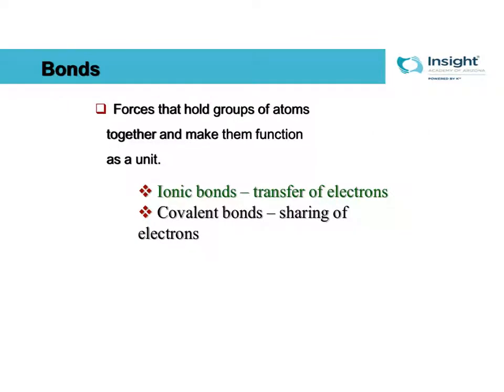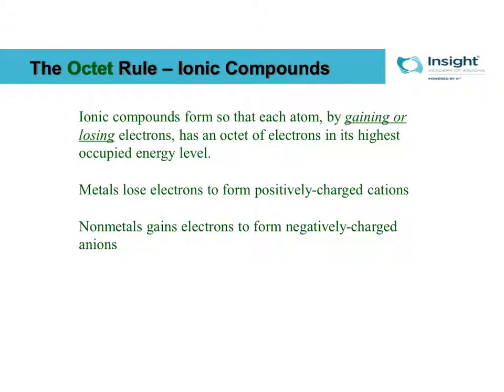So ionic bonds are bonds that involve a transfer of electrons. Something's got to lose an electron and something's got to gain an electron, or multiple electrons. Ionic compounds form so that each atom, by gaining or losing electrons, has an octet of electrons in its highest occupied energy level.